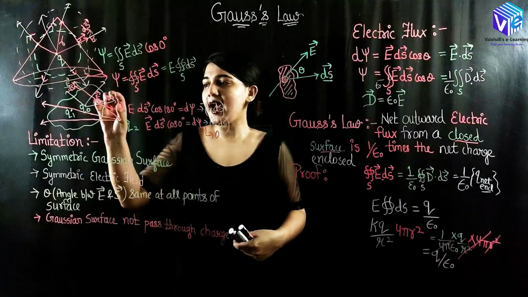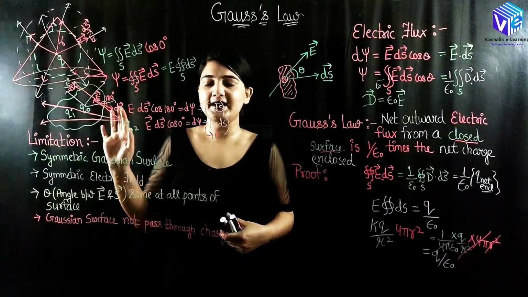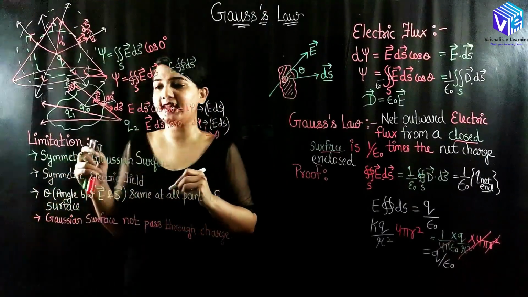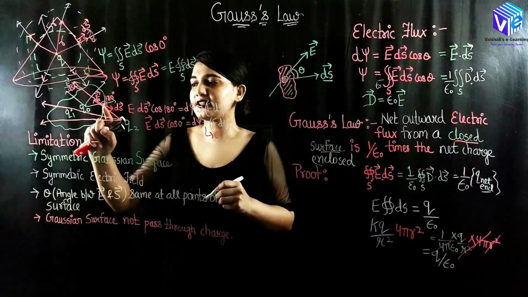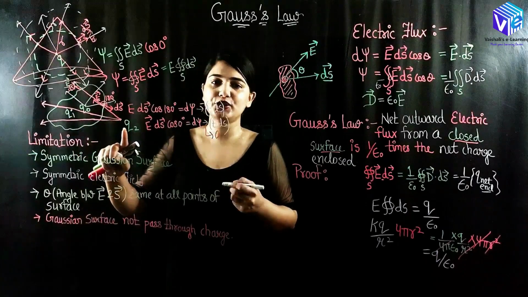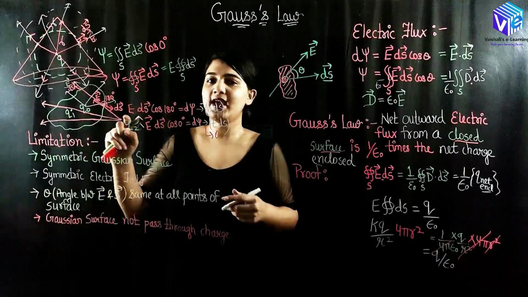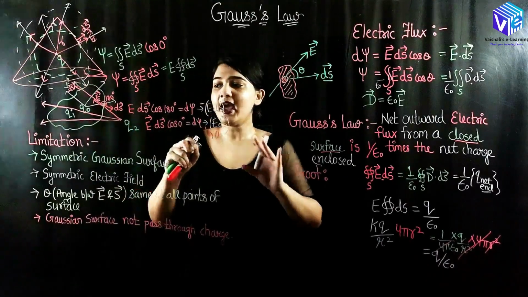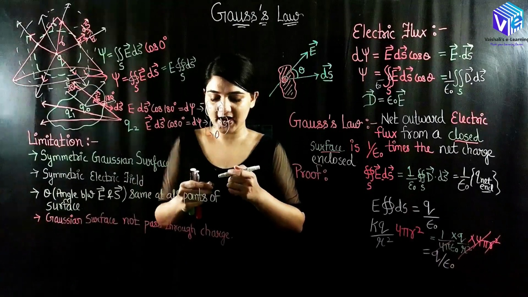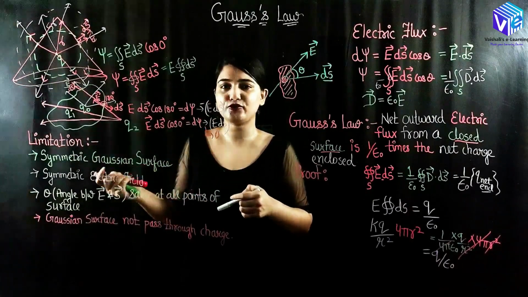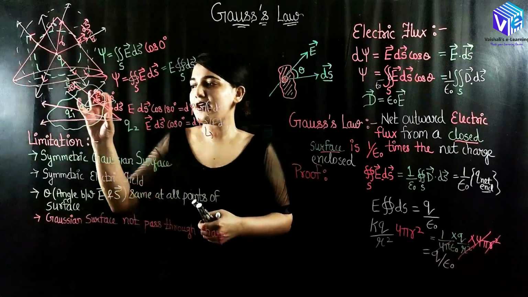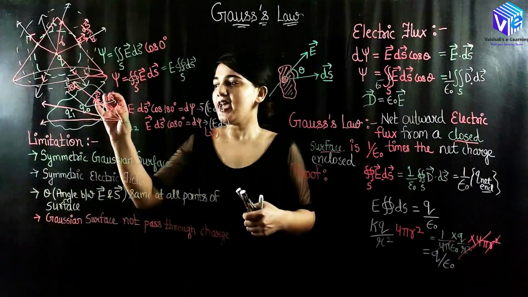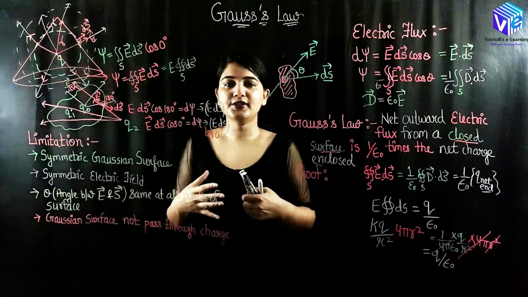But at a particular point, if I have to find out the electric field, at this point the electric field was generated due to the charge Q2 as well. At this point it was not cancelled out. So if I have to find out electric field, I will be considering all of the charges regardless of their position. If I have to find out electric flux, then I will find out only the charges that are enclosed by the surface.